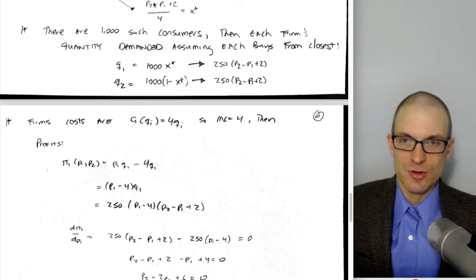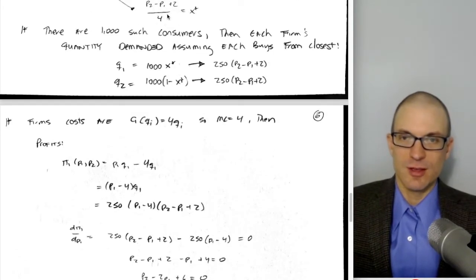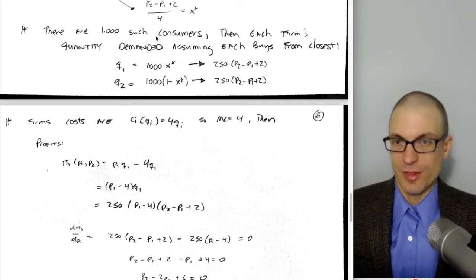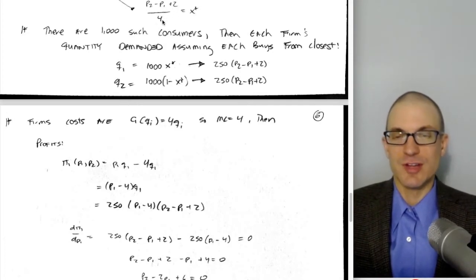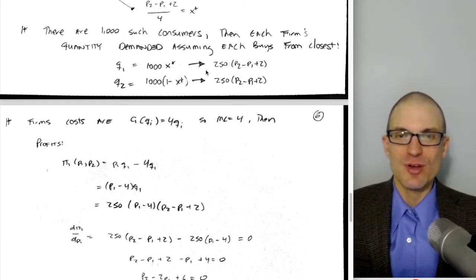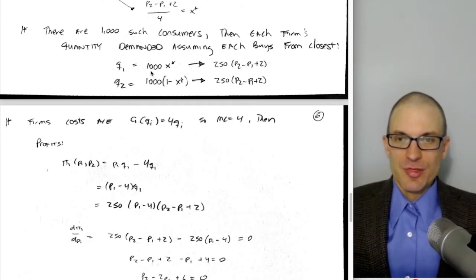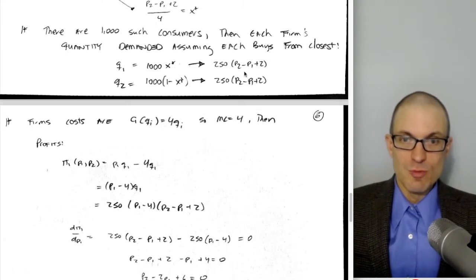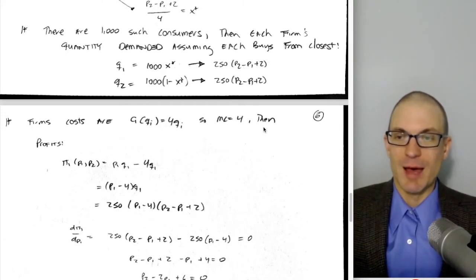So this is the person in the middle; we're just bisecting or dividing up the unit interval. 1,000 times this many are closest to firm 1, and 1,000 times 1 minus this many are closest to the other firm. What does this end up being? It's 1,000 times this stuff. 1,000 divided by 4 is 250, and then this is just the numerator, and then you could find whatever the prices are to make that happen. And then similarly for the other side.